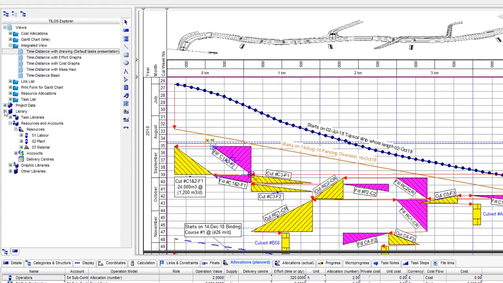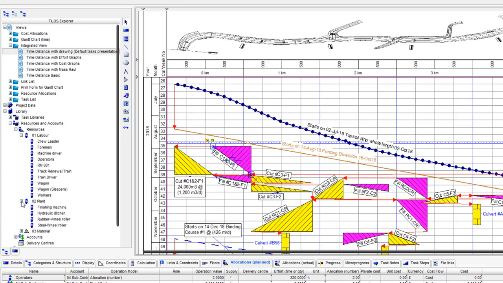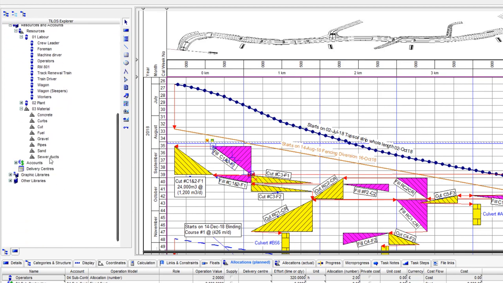So in the library, on the left-hand side of the Explorer, we've got a section called resources and costs. And these can be arranged hierarchically. You can have labour, different sorts of plants, materials for planning materials.